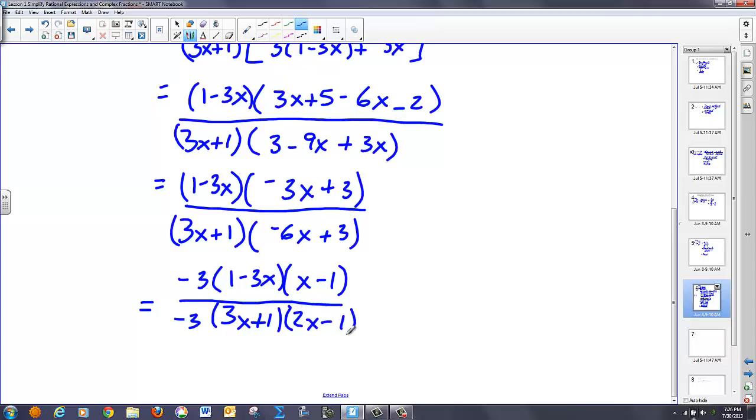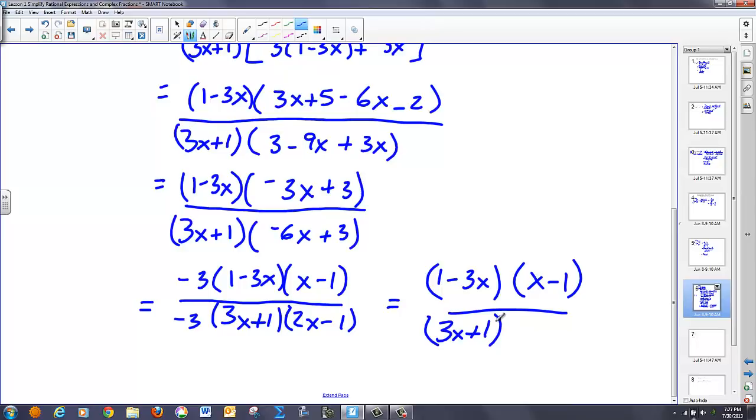And then we notice the negative 3's go, so our final answer is going to be 1 minus 3x times x minus 1 over 3x plus 1 times 2x minus 1.